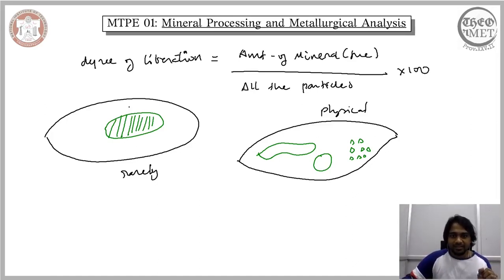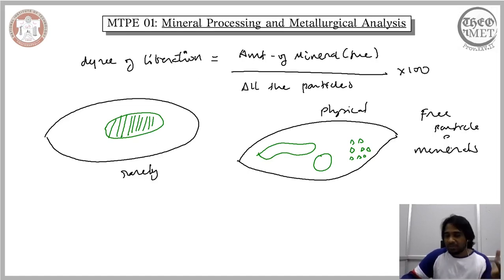Unlike this, when you have an ore particle or a mineral particle that is mined out, when it is of this physical case, or close to this representation of the physical case, then what essentially happens is that the free particles, particularly of the minerals that are of primary importance to us, will be minimal.